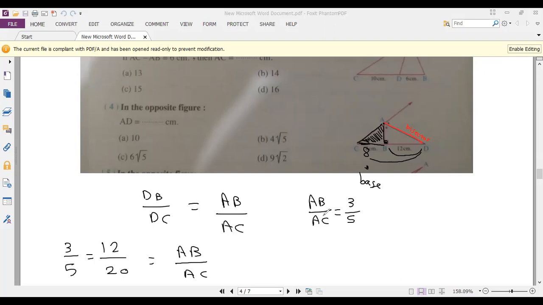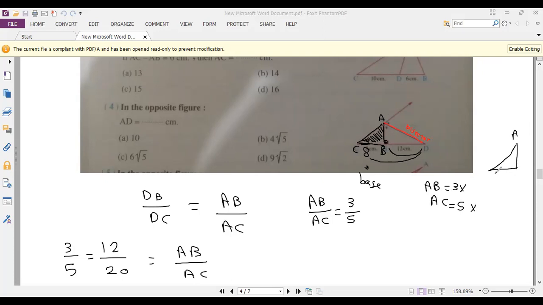Okay. How can we find the length of AB? Let's suppose that this is AB, and this is AC. Let's suppose that AB equals 3x and AC equals 5x. So let's apply Pythagoras, because this triangle is right-angled, as you see.